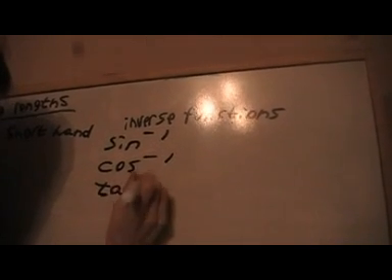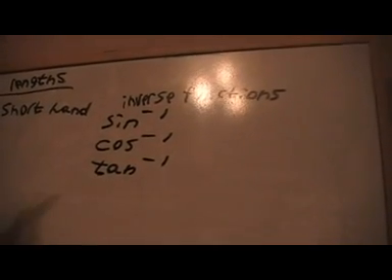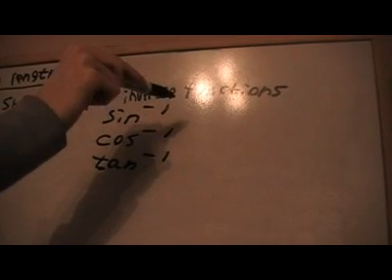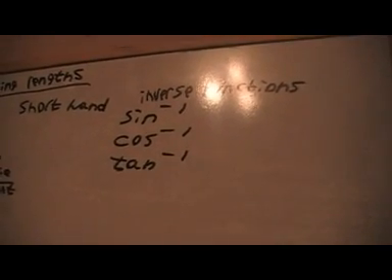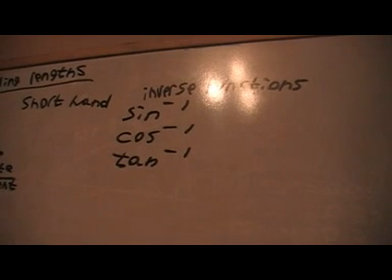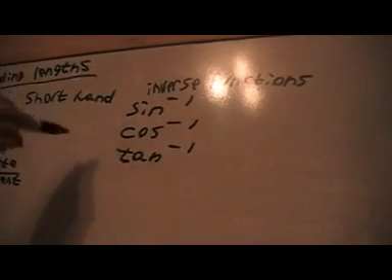Because now I want to talk about the inverse. So the inverses are written like this on your calculator, and some are written arc sine, arc cos, and arc tan. But basically, what you're doing here is you're finding the angle that has a particular sine or particular cosine.